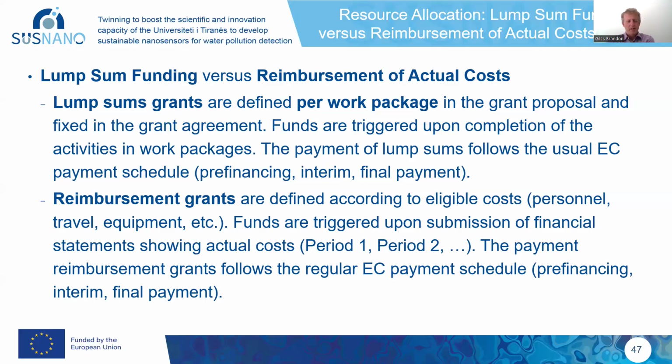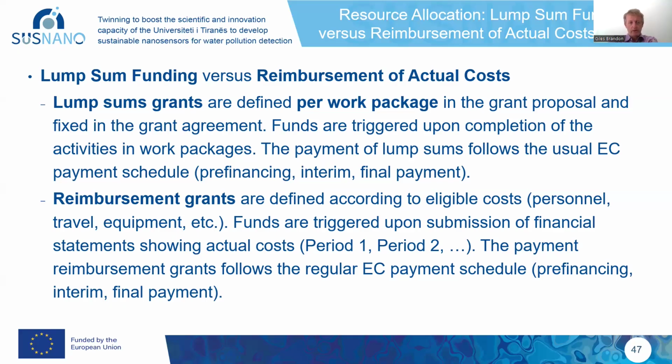I think it was only at the very end of Horizon 2020 they had some pilot calls where they introduced this thing called lump sum funding. However, now that we're in Horizon Europe, increasingly lump sum funding is the way we're required to do the budgets. And this approach of reimbursement of actual costs is becoming less and less.